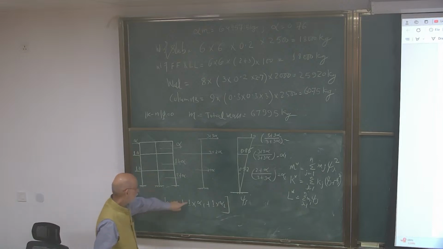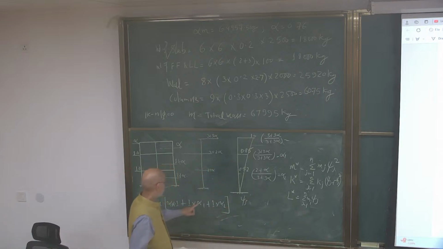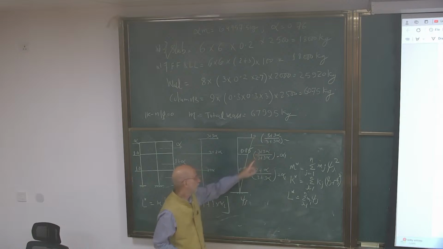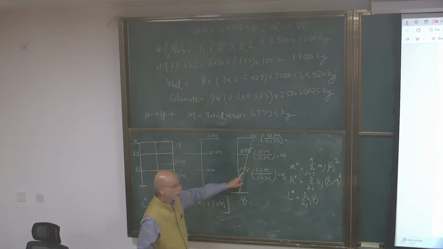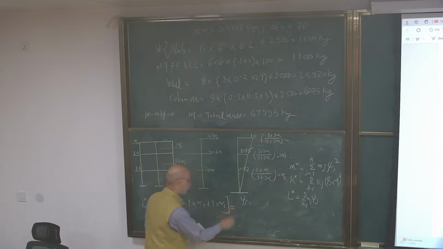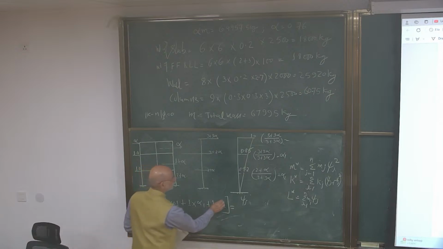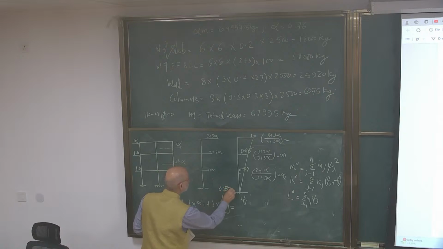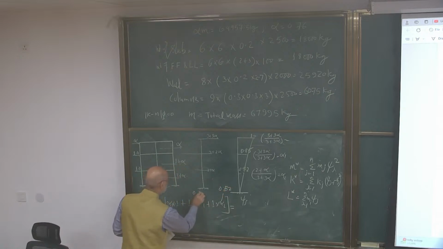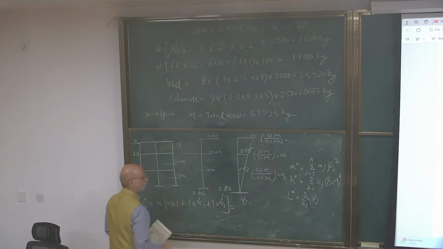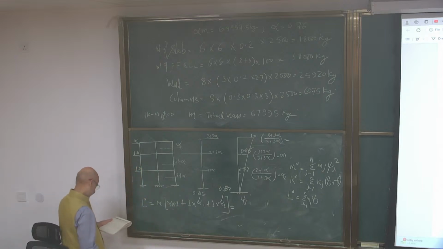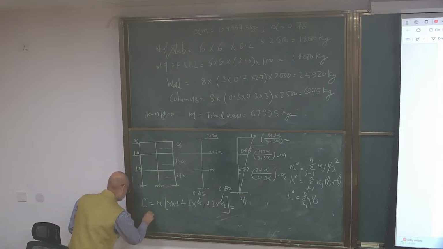So this alpha 1 is 1, top is 1, okay? This alpha 1 is 0.86, this alpha 2 is 0.52, okay? So you can get this. Similarly, you can calculate the K.